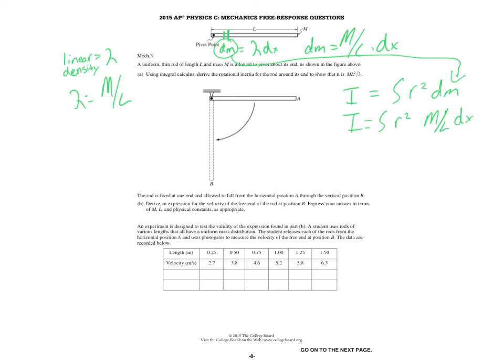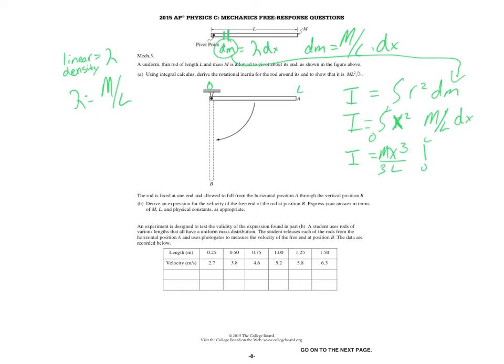You then are going to evaluate it from 0 to L, from 0 to the length here. If you do that, I'm going to change r to x just to make this make more sense. So it's going to be x squared. Then we get I equal to mx cubed over L, evaluated from 0 to L.